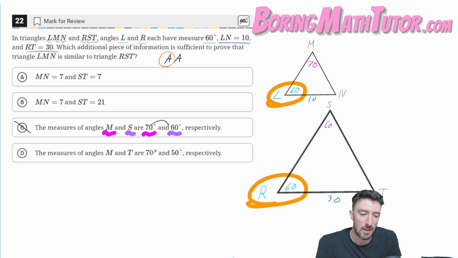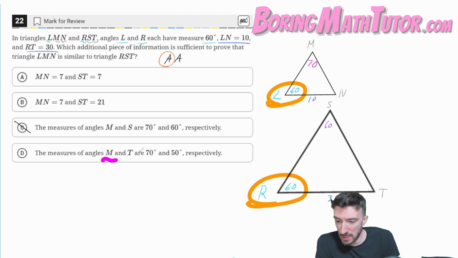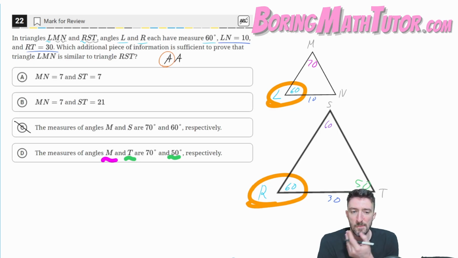Well, if I were to look at M being 70, then let's still keep this one as 70 up here. And T being 50, well, then let's put a 50 down here. Well, M and T, those are not the matching ones.